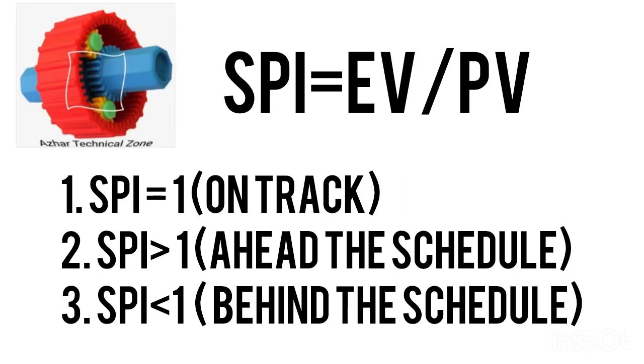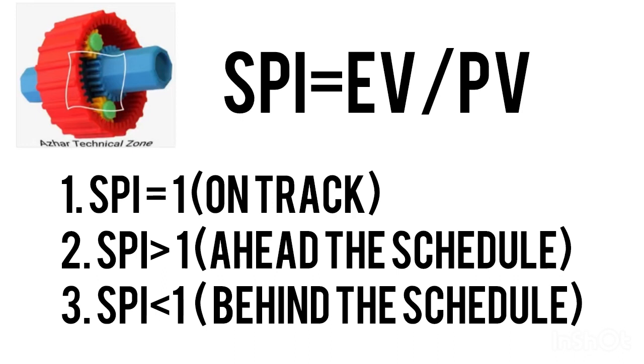Suppose our actual progress completed is 50%, and the planned value is also 50%. When we divide 50% by 50%, as we know the basic rule of mathematics, if numerator and denominator are both the same, it will become 1. So if SPI is equal to 1, it means your project is on track. It means neither loss nor profit. It is on track with what you have planned.